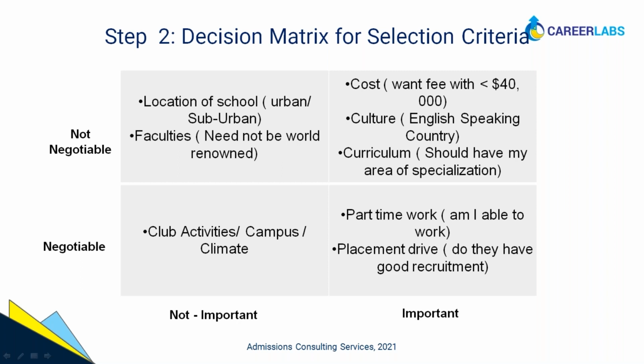So like this, the decision matrix will change for others. Do you all agree? See, you might look at Harvard University, I might look at Harvard University, but my selection criteria for Harvard University, why I picked it, might be very different than your selection criteria. Will you guys agree with that?